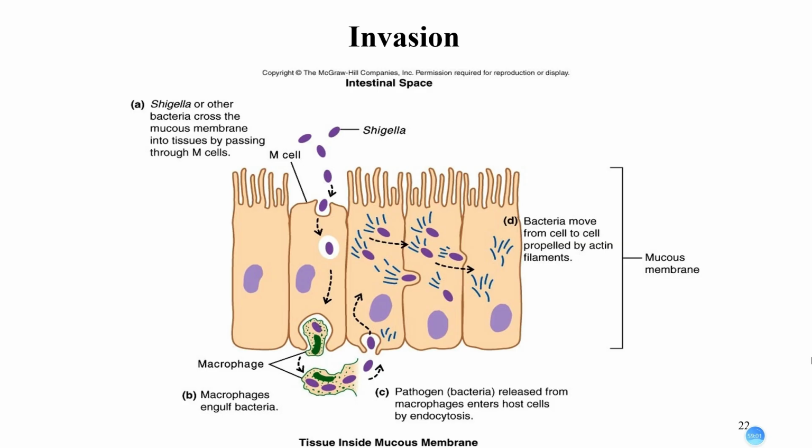After that, a large number of bacteria could be released, and then they are able to infect the epithelial cell. Once they get into the epithelial cell, you can see here, each bacterium has a tail, right?